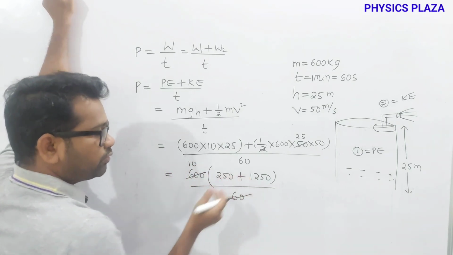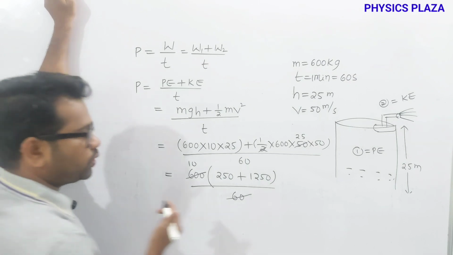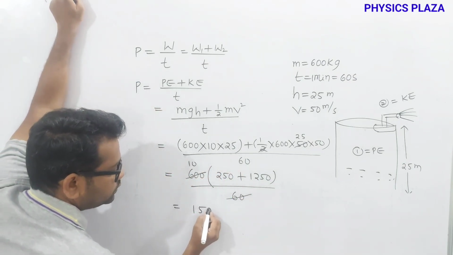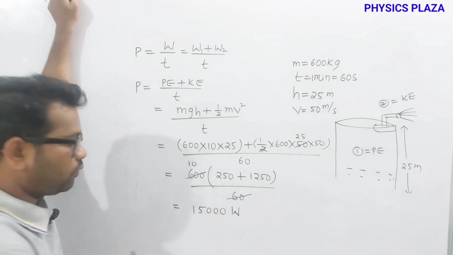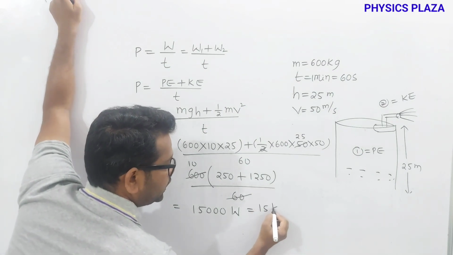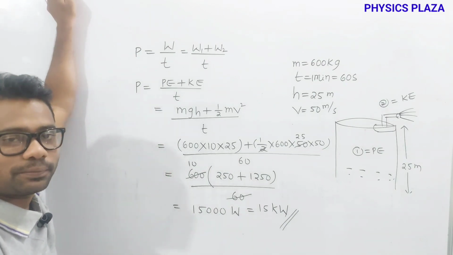So 250 plus 1250 is 1500. This by 60, and 600 by 60 is 10. So 1500 into 10 is 15,000 watt. This can be written as 15 kilowatt. So children, this is what actually the answer is.